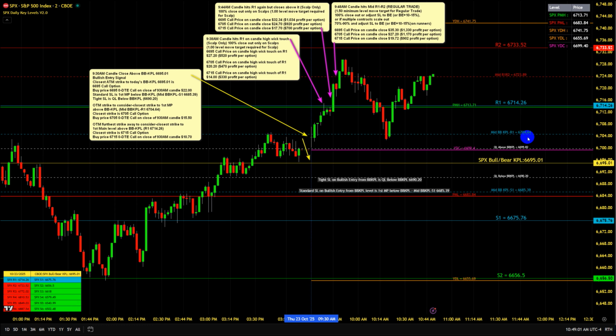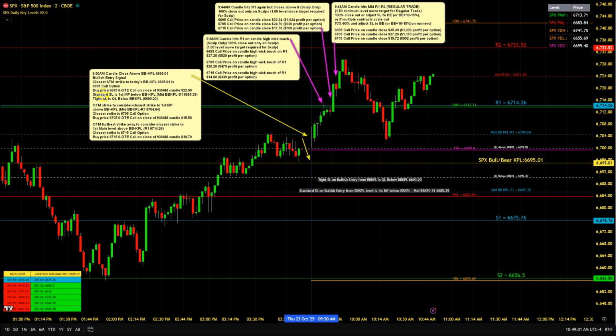So that is your first out of the money possible strike that you can use if you prefer that over the at the money. The furthest out of the money strike is going to be one full level away. So in this case, since it's the bull bear key price level and it's a bullish trade, we look to one full level above, which is the R1 level. That is 6714.26. So the closest strike to that is going to be the 6715 call option.